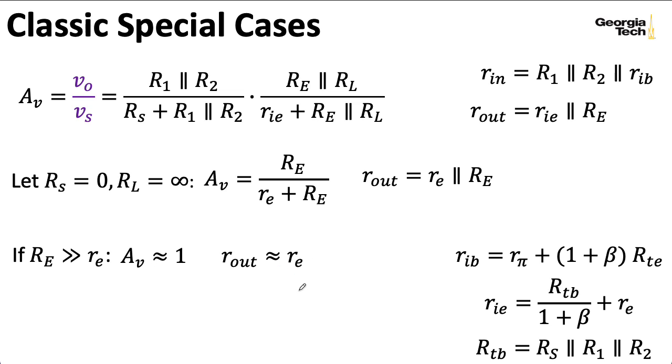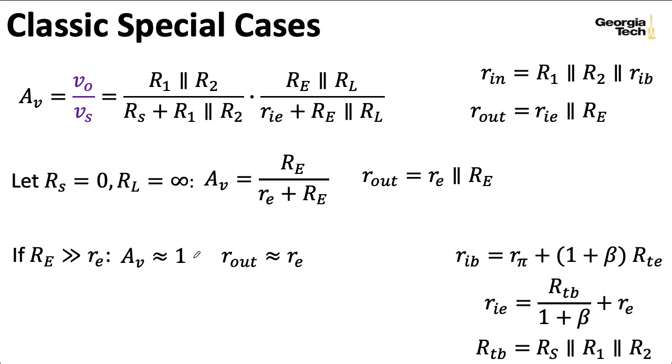So hopefully this is a pretty small number, which makes this a nice voltage source. And then the fact that this is approximately equal to 1 means that this is making a very good voltage buffer. So this is referred to as an emitter follower. And actually what I just said isn't quite totally complete.